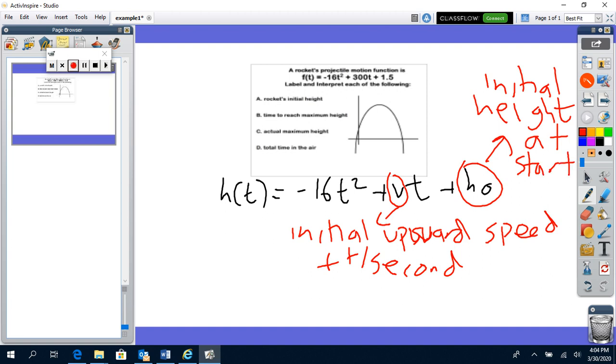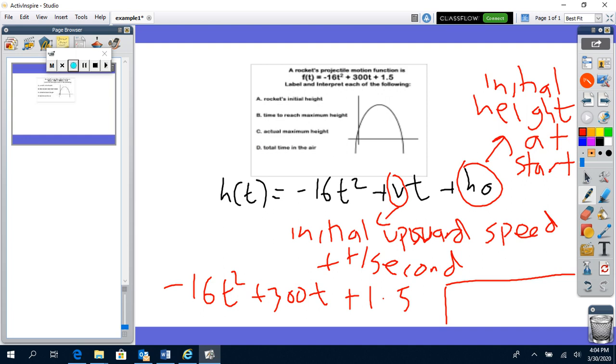Okay, so let's look at our equation here. Our equation is minus 16t squared plus 300t plus 1.5. So comparing our equations here, we can see that v is going to be 300 and h of 0 is going to be 1.5.